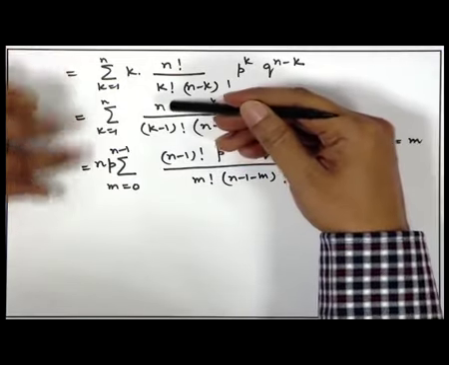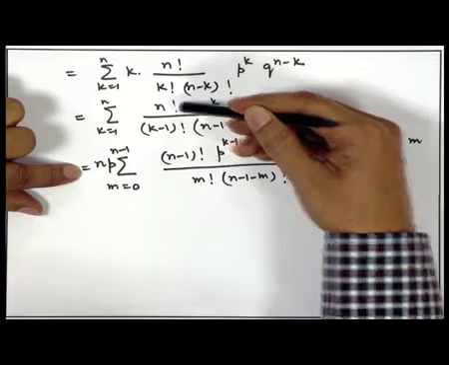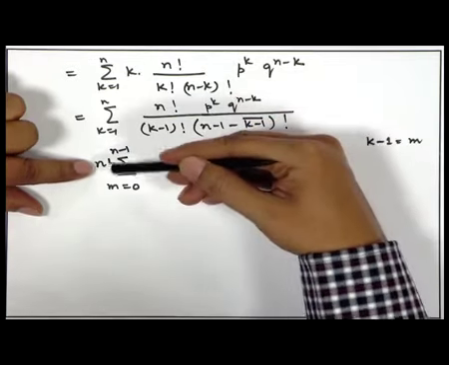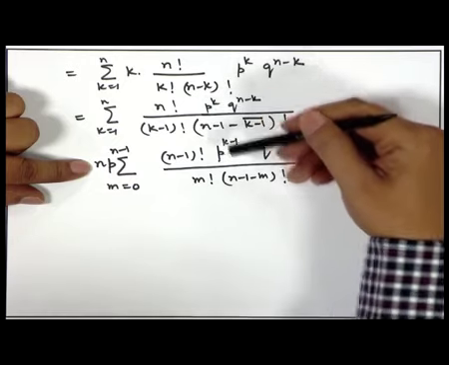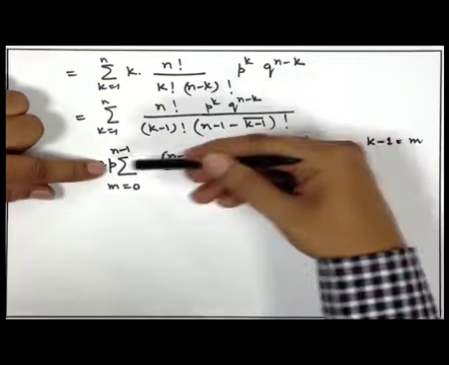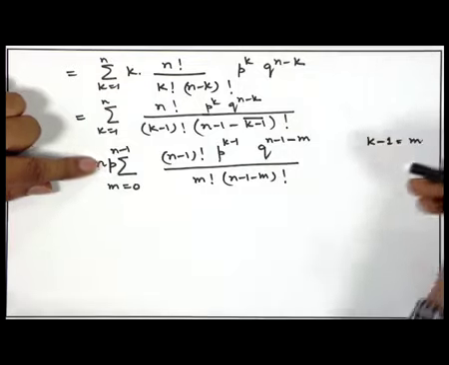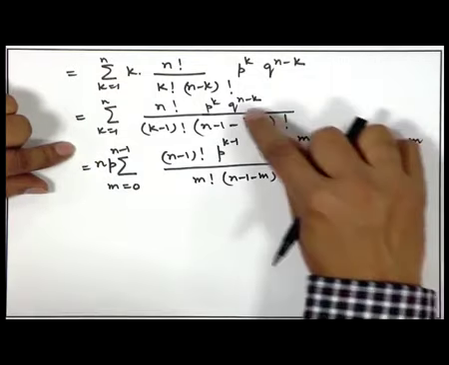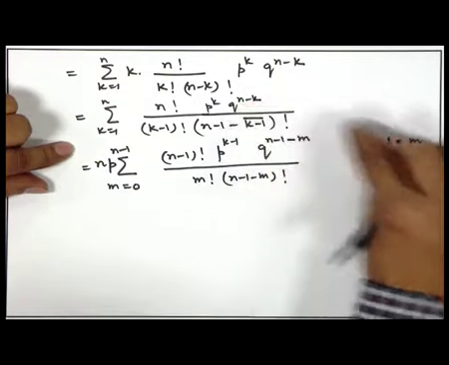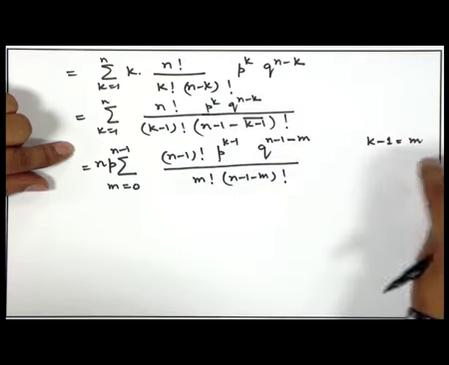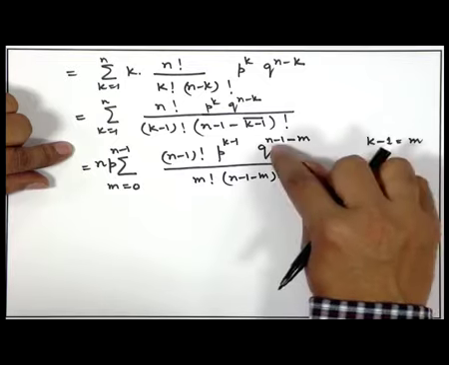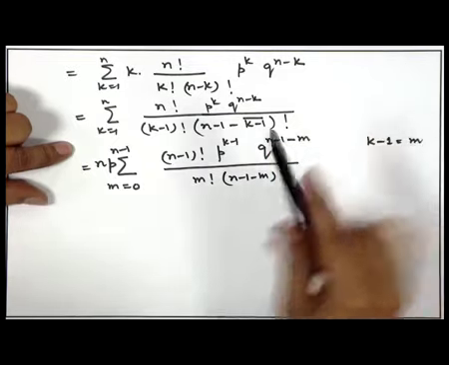In this term I wrote n factorial as n into n minus 1 factorial, and this one n I have taken outside. Similarly, this p to the power k I have written as p to the power k minus 1, and one p I take outside. Now, this term is q to the power n minus 1 minus k minus 1. So, k minus 1 I am writing as m. So, this becomes n minus 1 minus m.